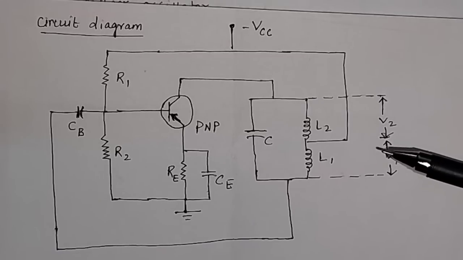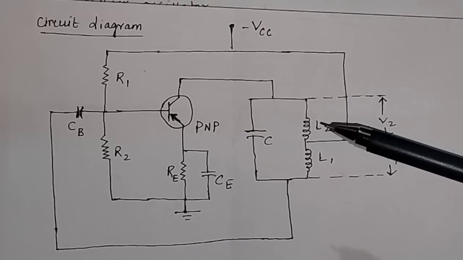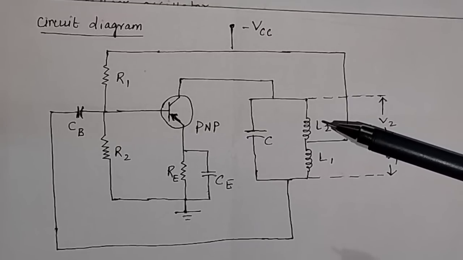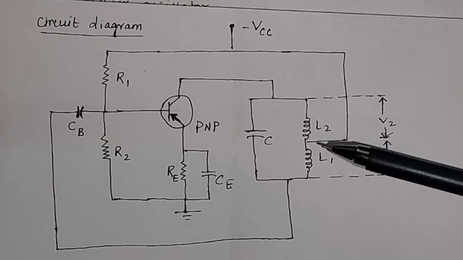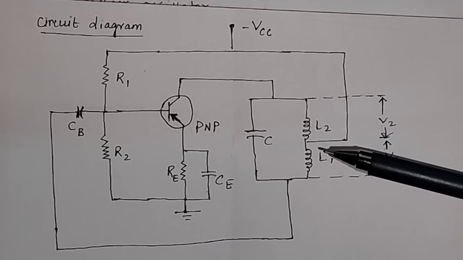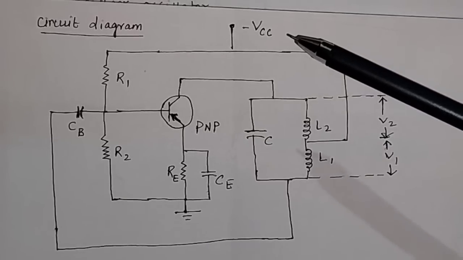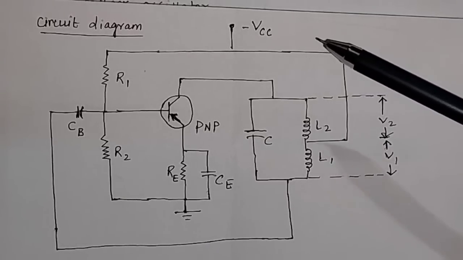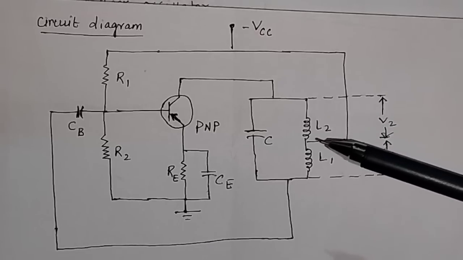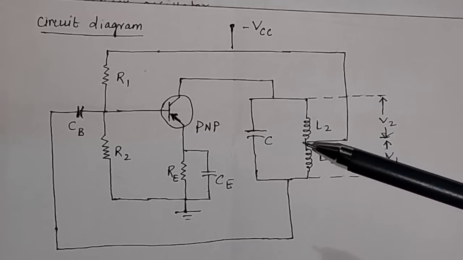When an AC voltage is applied to the coil, suppose L2, the resulting magnetic flux induces a voltage in the coil L1 which is 180 degrees out of phase. You see, by means of the collector voltage source, you give some voltage to this inductor L2.